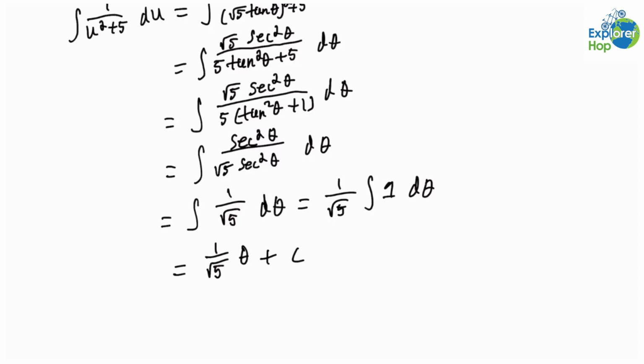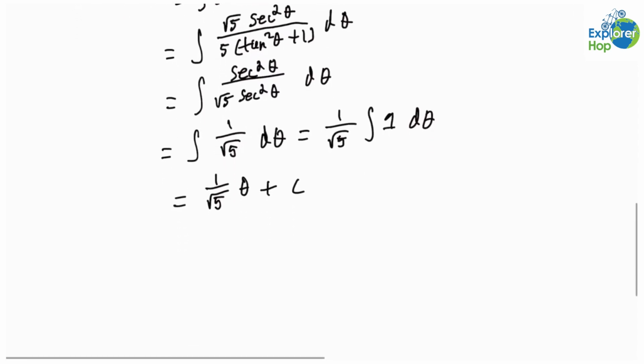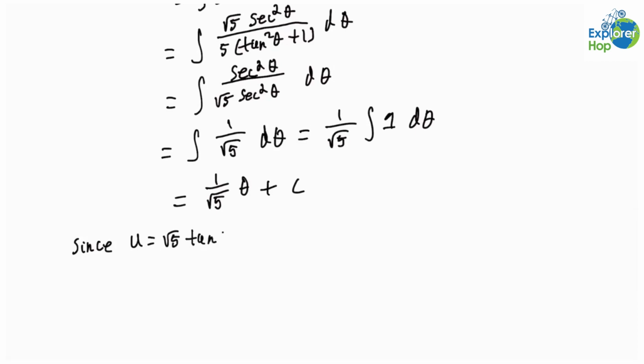Now, since u is equal to the square root of 5 times tan theta, then theta is equal to arctan of u over root 5.